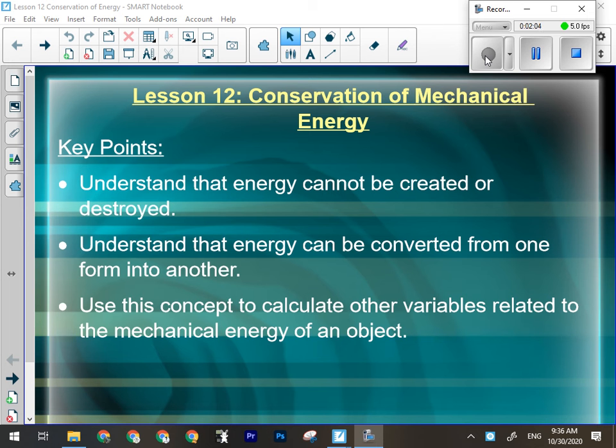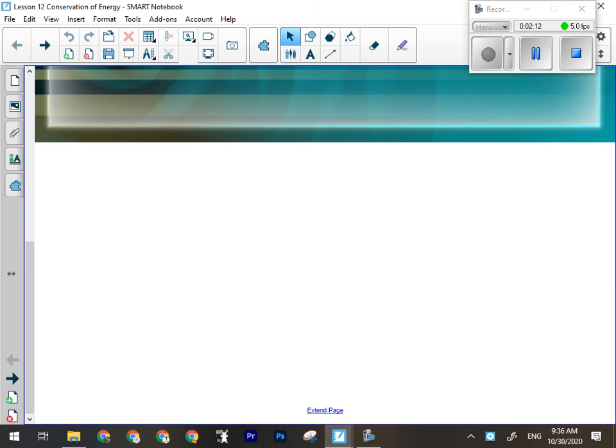It doesn't. It doesn't matter whether the object is moving up, down, or at some weird angle. If it's moving, it has kinetic energy. People often forget that when they're looking at different types of mechanical energy situations. In this formula, it's 1/2 times mass times speed squared, not velocity, speed. It does not matter which way the object is going.